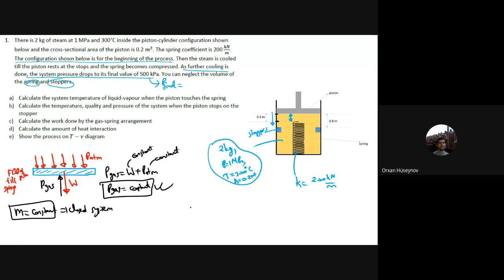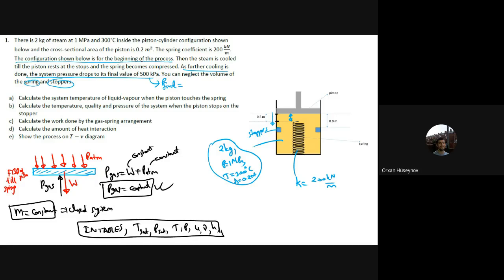Now let's solve it. Firstly, we should find the properties that we can use in the tables. These thermodynamic questions are solved by using the tables. In the tables, we have the saturation temperature, the saturation pressure, or you can have the temperature and pressure itself. You have the U, nu, H. These are the values that we are going to use from the tables.